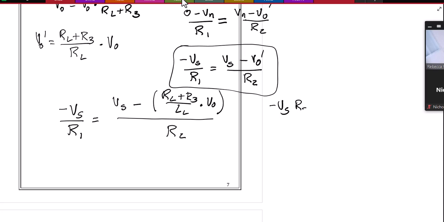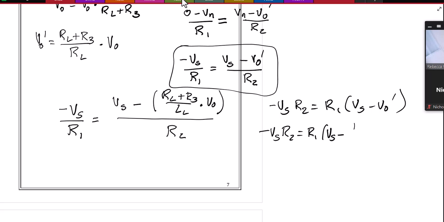Minus Vs R2 equals R1 times Vs minus V out prime. And now it looks nicer. Equals R1 times Vs minus V out prime, where V out prime is RL plus R3 over RL times V out.